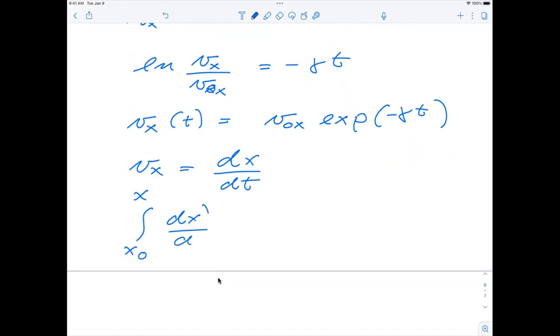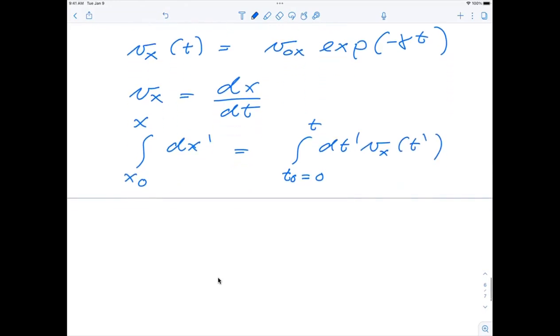Sorry, not dx prime, but dt prime. I'm multiplying away dt. This is me making a confusion now. This is going to be equal to the integral from t0, which we put to 0 for convenience, containing dt prime, and then I have my vx, which depends on this time prime.